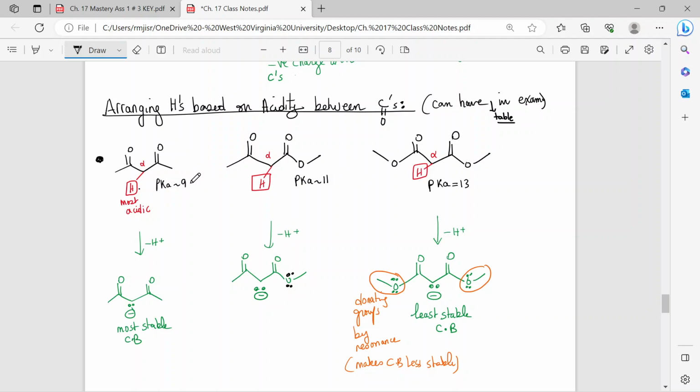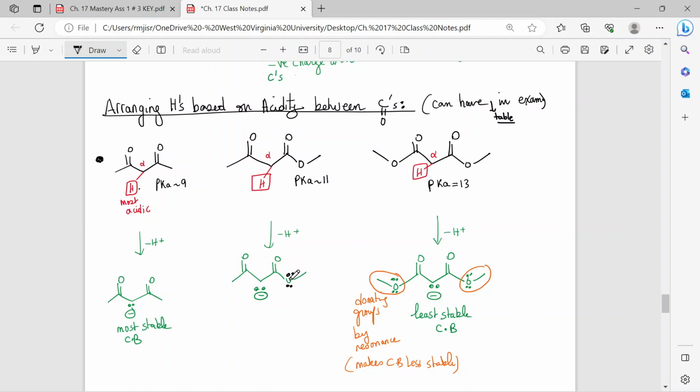In order to check the acidity, change the acid into its conjugate base and see if the conjugate base is stable. The conjugate base of the alpha hydrogen between the two esters is going to be the least stable because of the presence of the two oxygens that can donate electrons by resonance, decreasing the stability of the resonance structure in there.